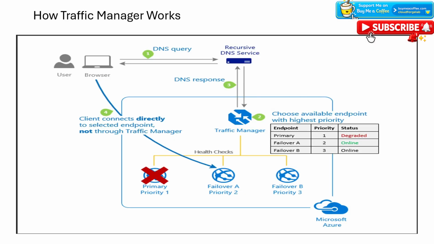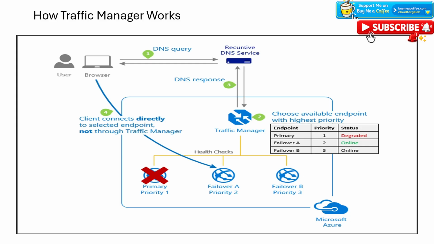So when a client tries to reach your application, the traffic manager will receive a DNS query. It will evaluate routing rules and endpoint health, and based on the routing method, which we'll discuss, it will return the IP of the endpoint to which the client can connect.